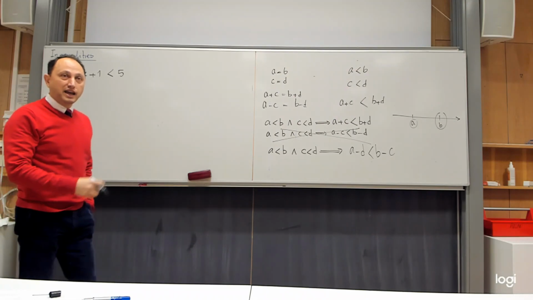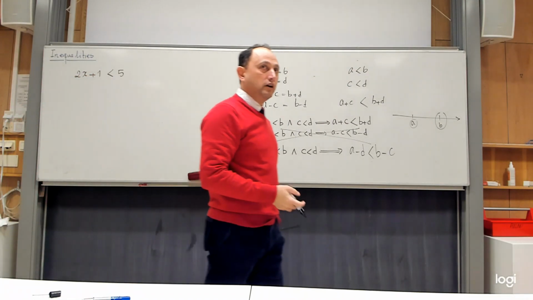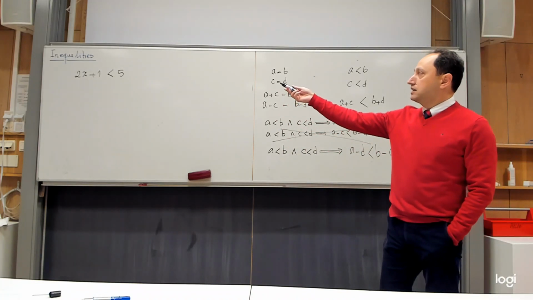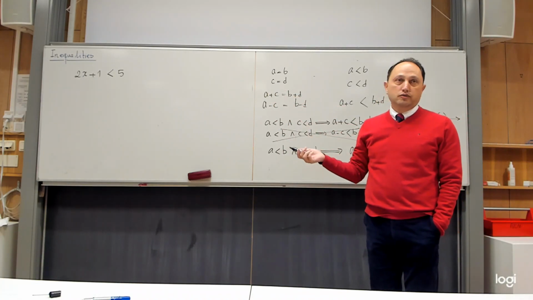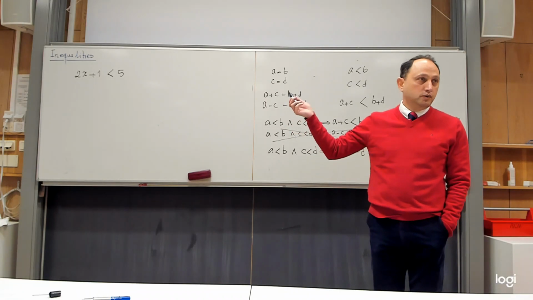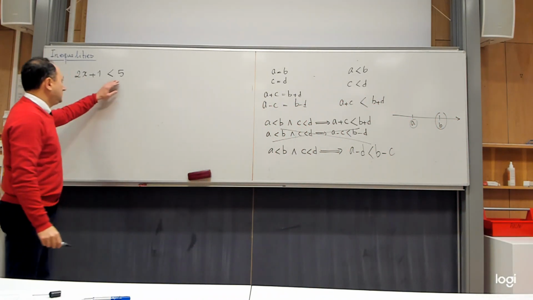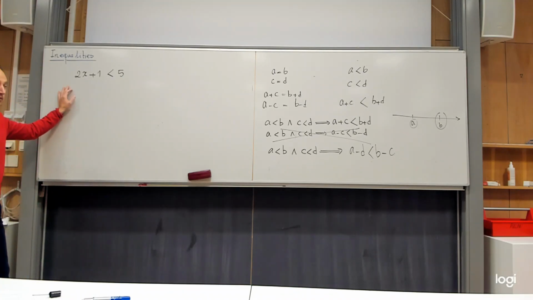Okay? And I ask you to solve the following inequality. What does it mean? Can you say that this inequality is true or false? No. We don't know because we don't know x. How should I know that 2x plus 1 is indeed less than 5 or not? Because 2x plus 1 is not known to me yet.